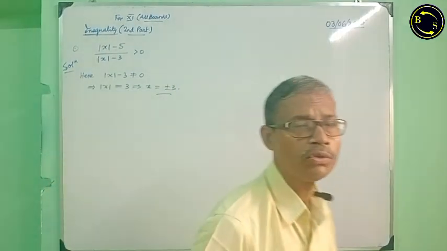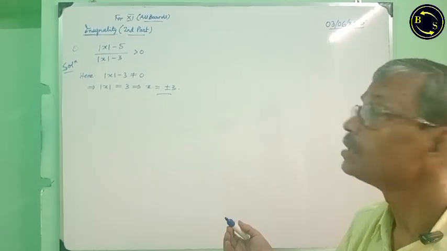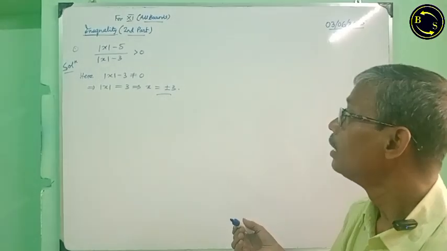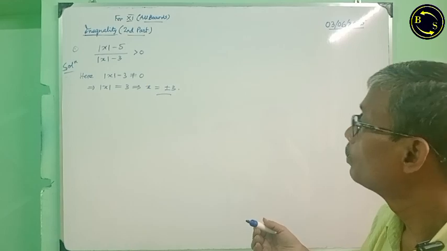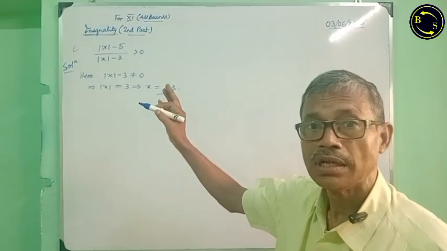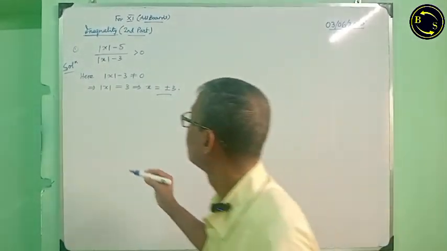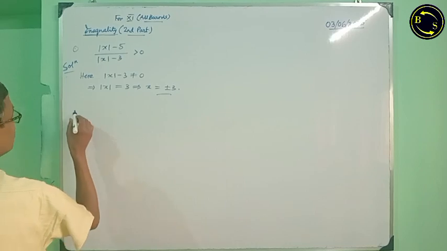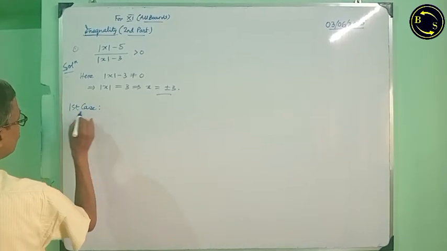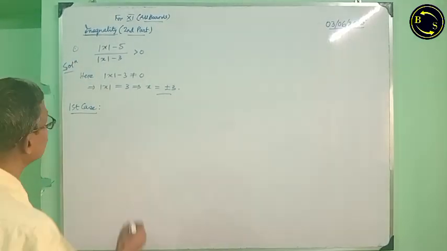My suggestion is that when you get such a fraction form, first you mention the denominator not equal to 0. Now we see x is not equal to plus minus 3 and the fraction is positive. Both numerator and denominator positive.